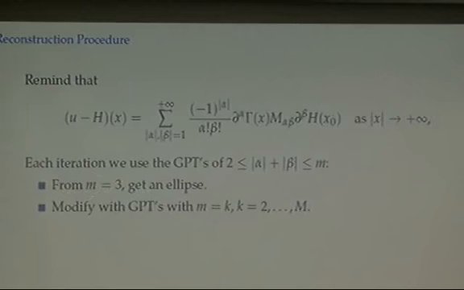So the initial guess I get is an ellipse, and for each step, I just increase K one by one. First I use alpha plus beta up to K equal to 2, and then 3, and 4. So I just increase one by one the information of the generalized polarization tensor, and I follow the optimization approach.